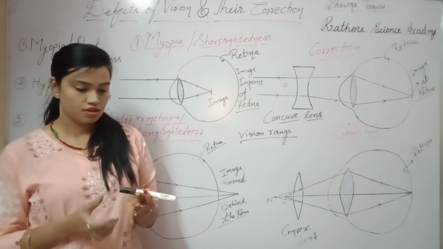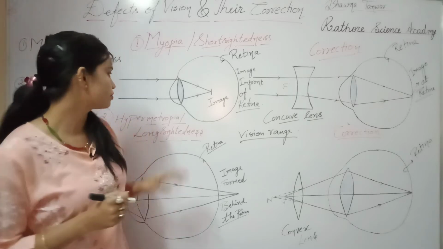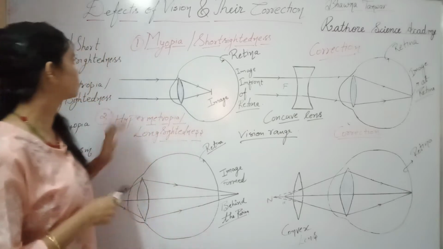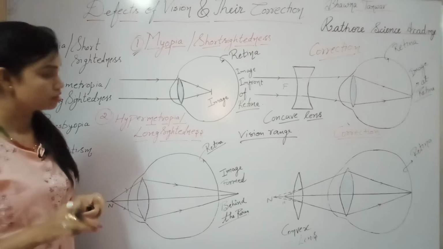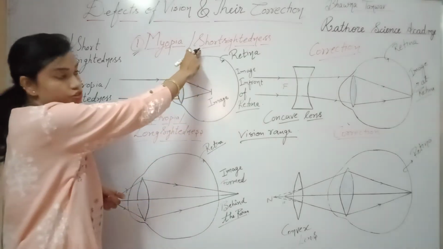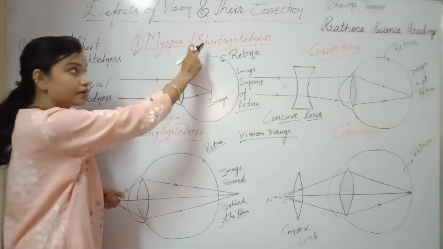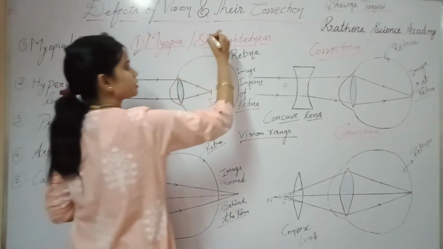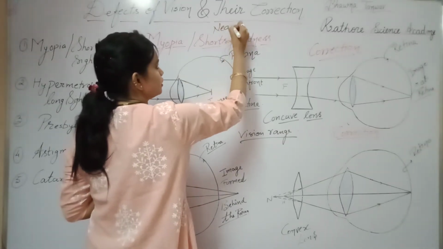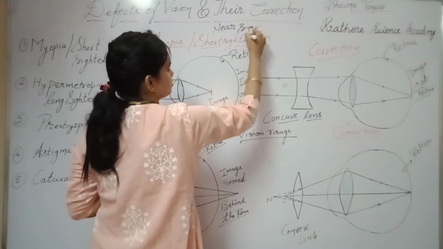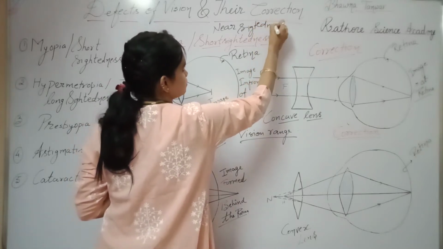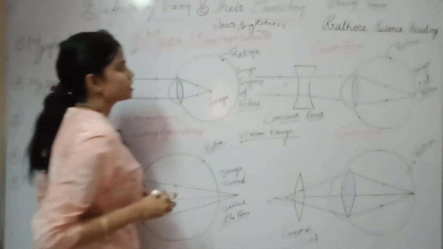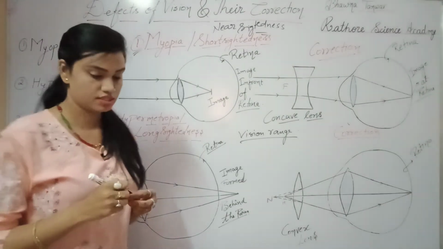Okay, so start with the first, that is myopia. Our first eye defect is myopia. Myopia is also known as short-sightedness, or near-sightedness.